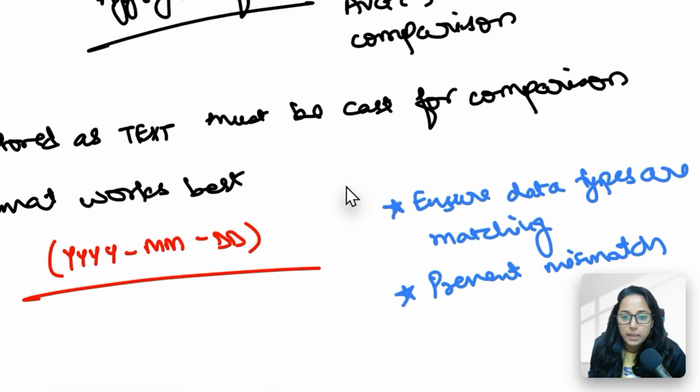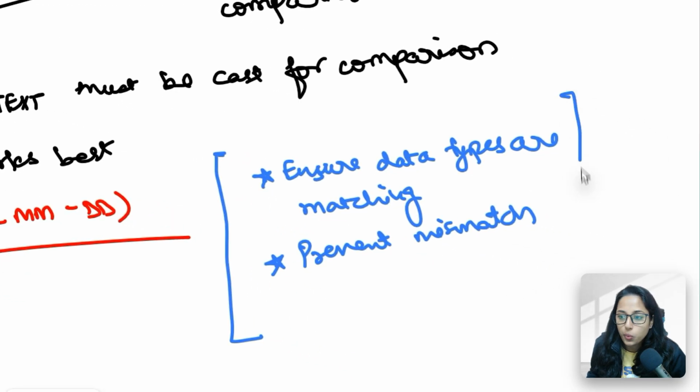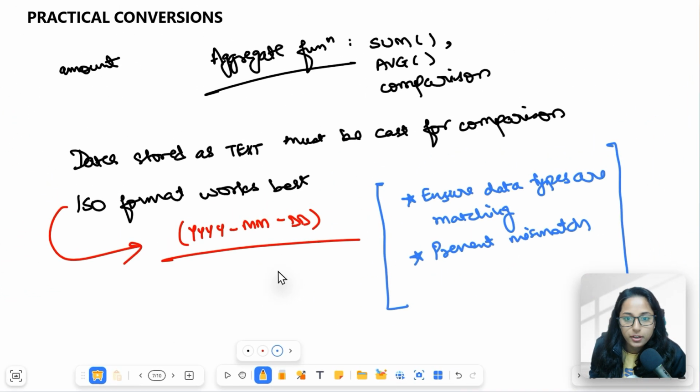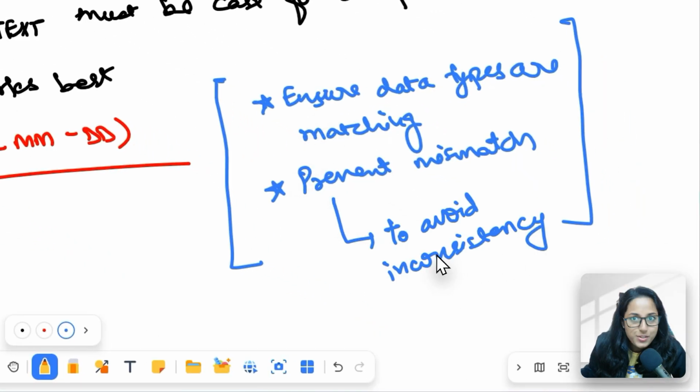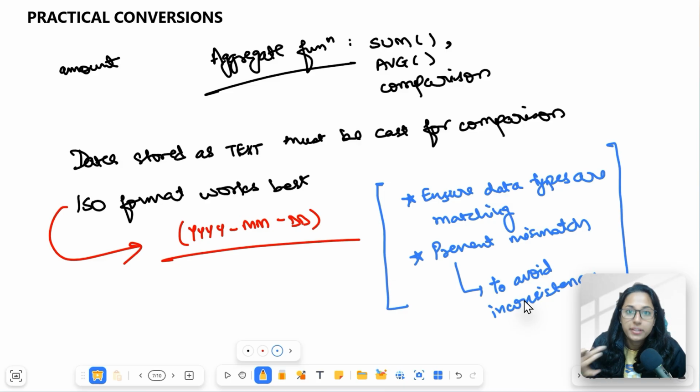So make sure these two points are covered whenever we write a query: the data types are matching, and we prevent mismatches to avoid inconsistency, because data is all about good numbers and consistent data. When you are working at large scale, you cannot afford a single wrong value, otherwise your whole data will get messed up.